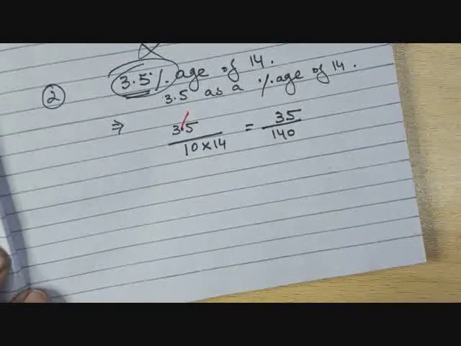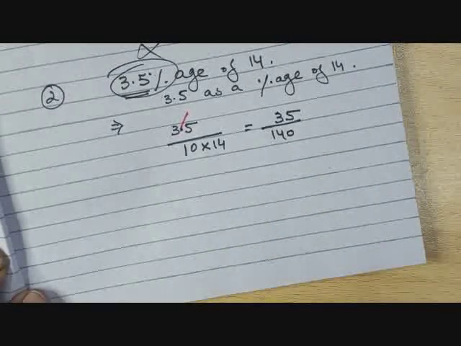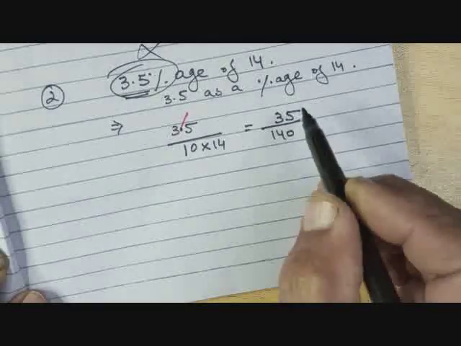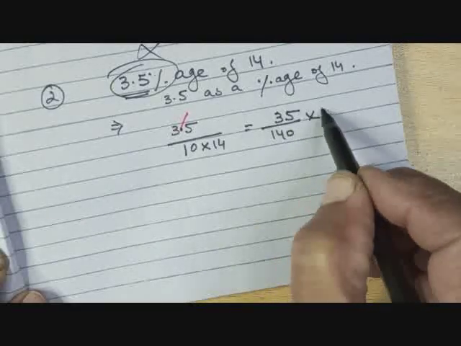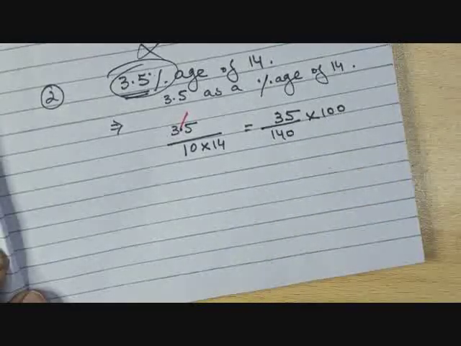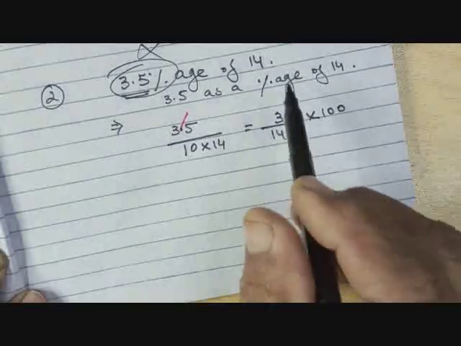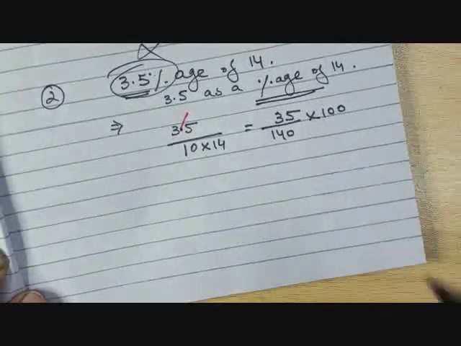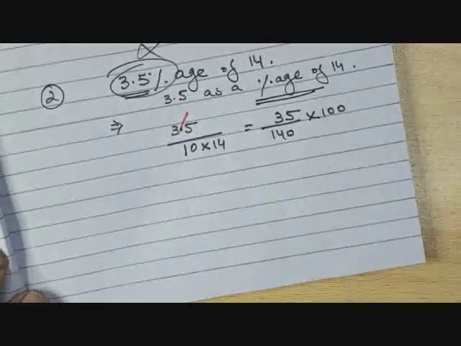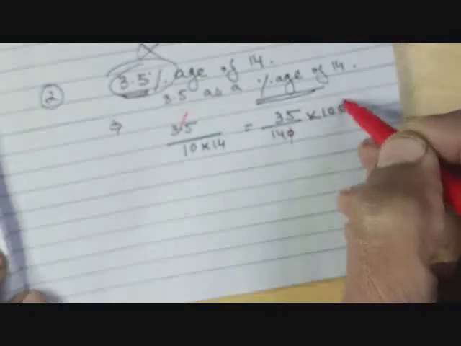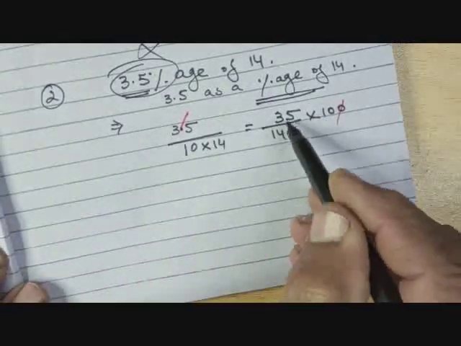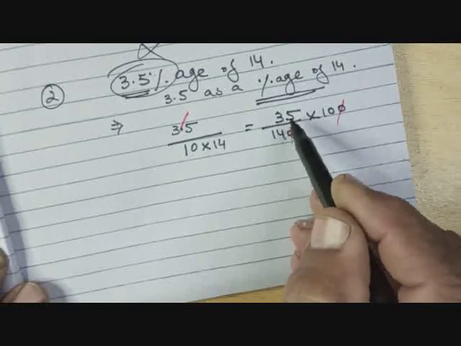We also have to multiply it with 100, because we have to find the percentage. It is very simple. We'll cross this 0 with this 0, and the rest is divisible by 7.